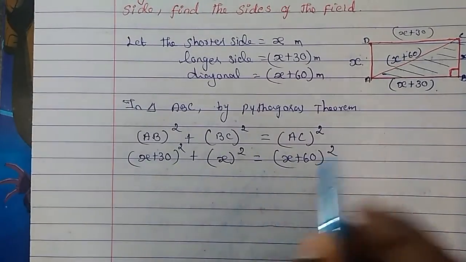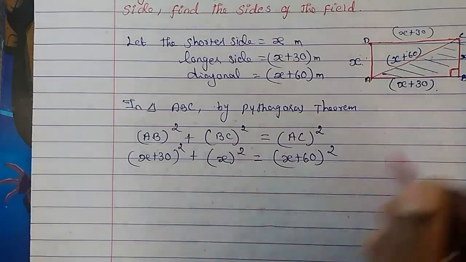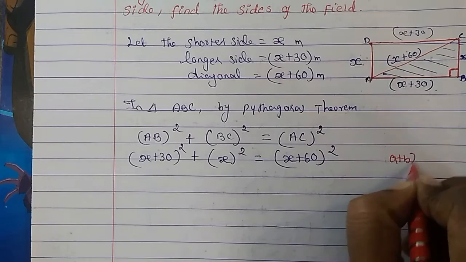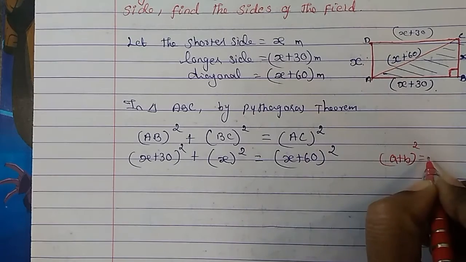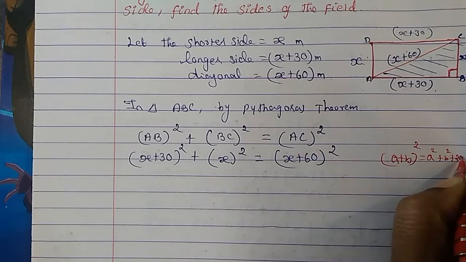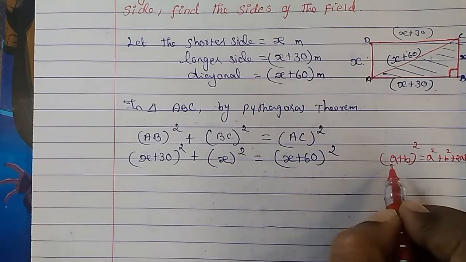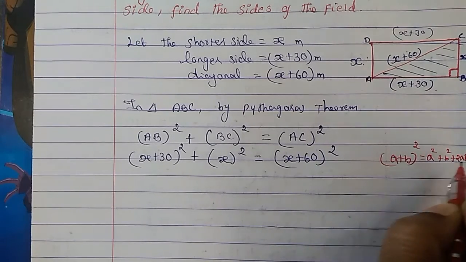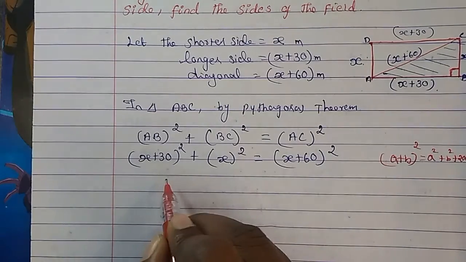Now if you see, this is in the form of (a plus b) whole square. So it can be written as a square plus b square plus 2ab. A square plus b square plus 2ab. So this form we can write down.